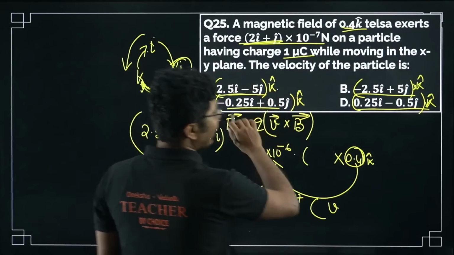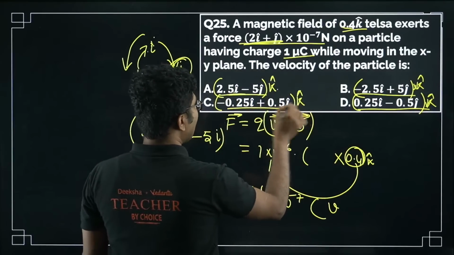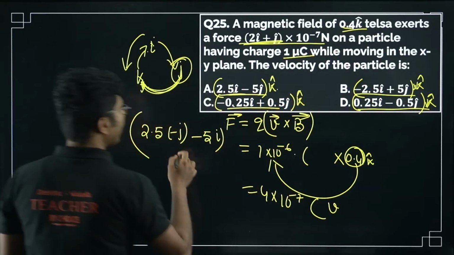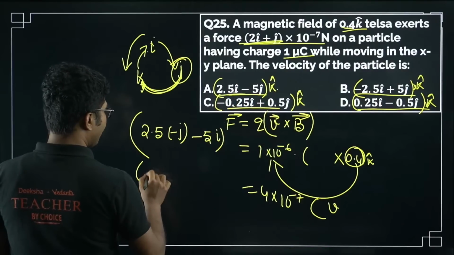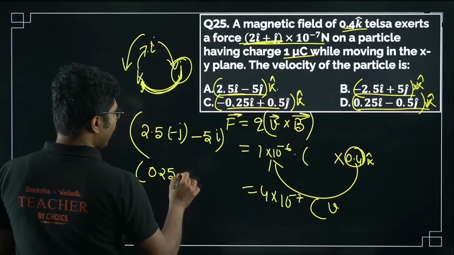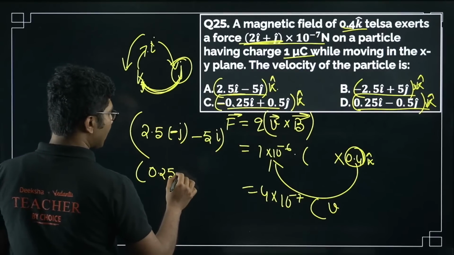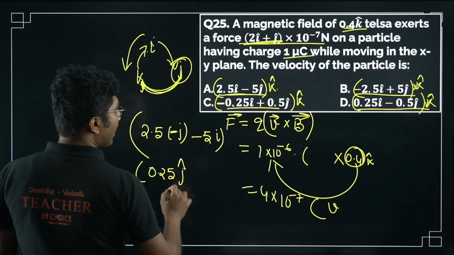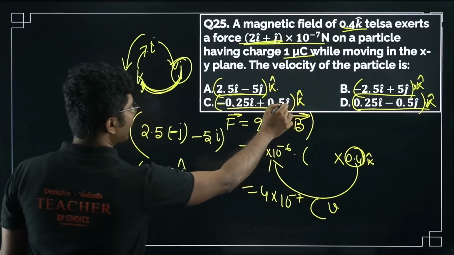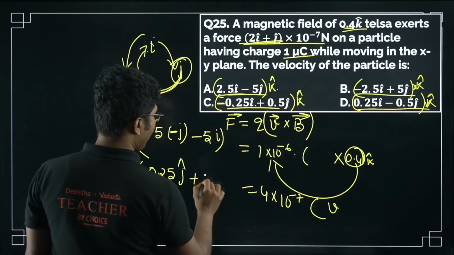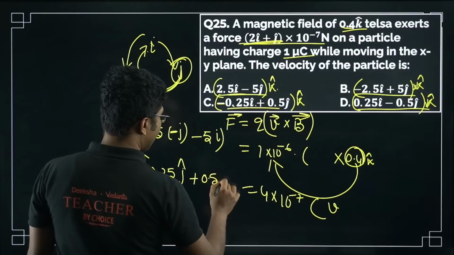Now let's see this one. 0.25 into k. Minus is there and the answer is minus j cap, so it will be plus j cap, and k cap into j cap will be plus, so plus 0.5 i cap.